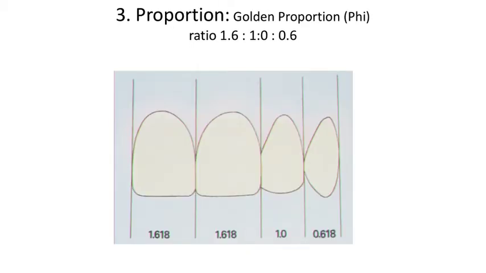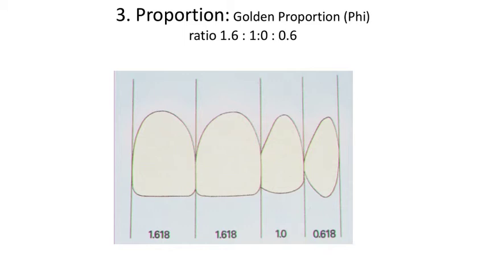If we arbitrarily assign a width, a ratio of 1 to the lateral incisor, which is the tooth that's next to the front tooth, then the front tooth should have a proportion or a width of 1.6, whereas the canine to the other side of the lateral incisor should have a width of 0.6, as this is when it's viewed from the front, not from the side, but from the front.